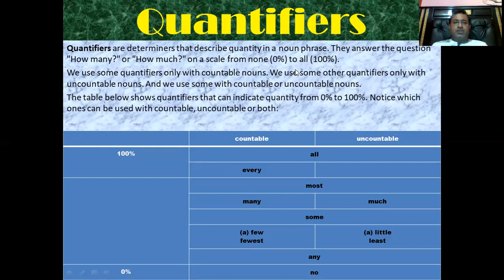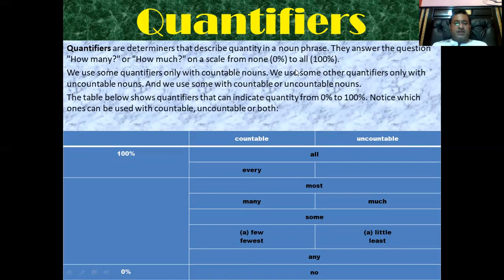The table shows quantifiers that can indicate quantity from 0 to 100%, and you can also see which can be used only with countable nouns, which only with uncountable nouns, and which for both. For 100%, you can use every, almost, many, much, some, few, fewest, little, least, any.